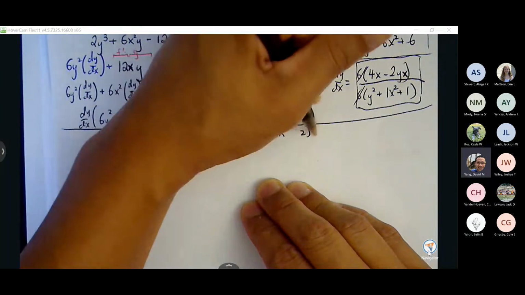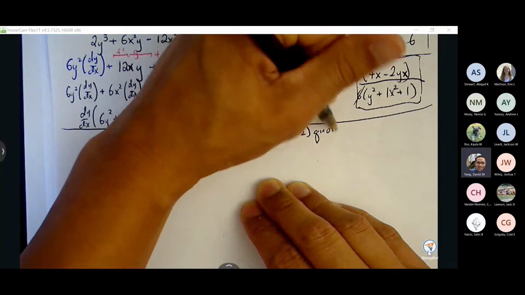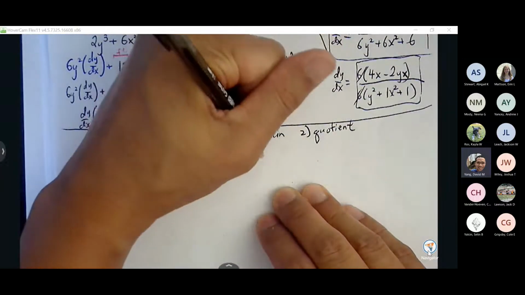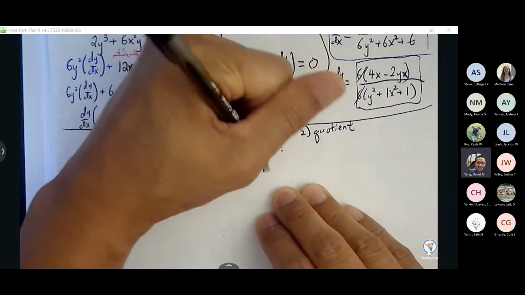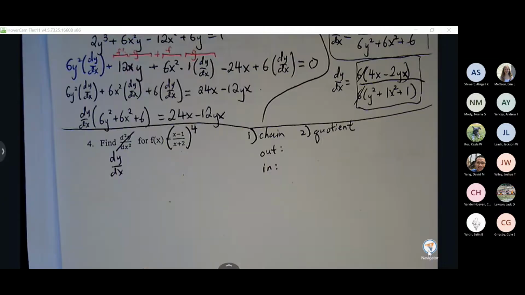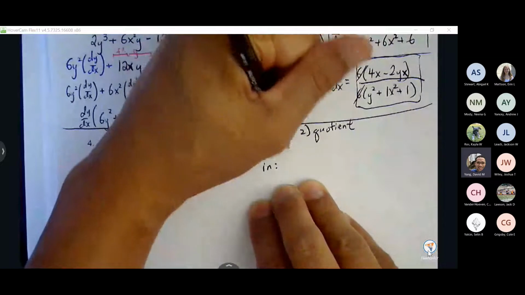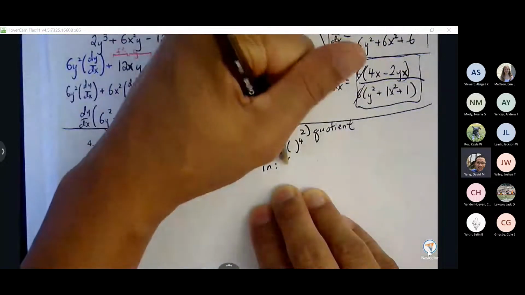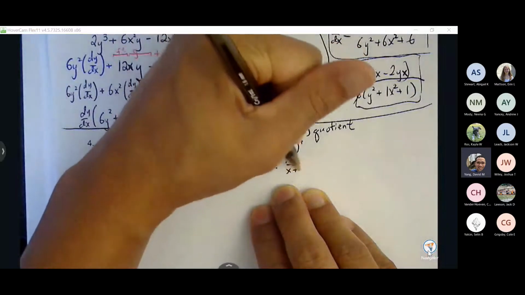Once we're inside chain rule, then we can get into that quotient portion. Okay. So chain rule says outside versus inside. So outside function is that parentheses to the 4th. Inside is that x minus 1 over x plus 2.